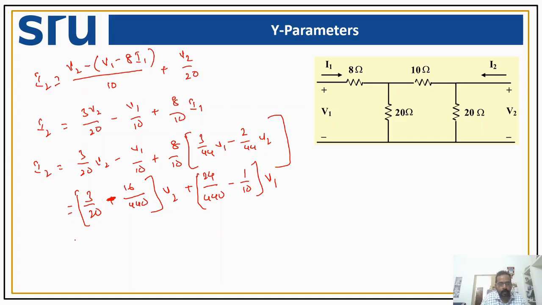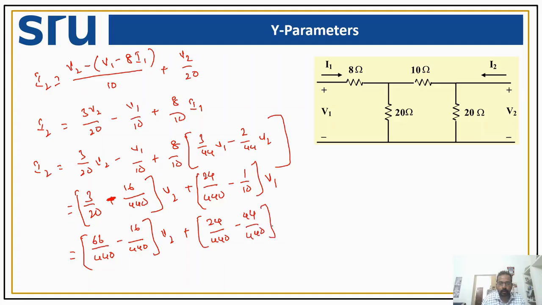Now let us recompute this. Let us multiply and divide by 22, so we have 66 divided by 440 minus 16 by 440 V2, plus, multiplying and dividing by 44, 24 by 440 minus 44 divided by 440 V1.